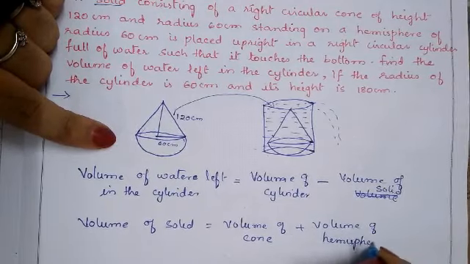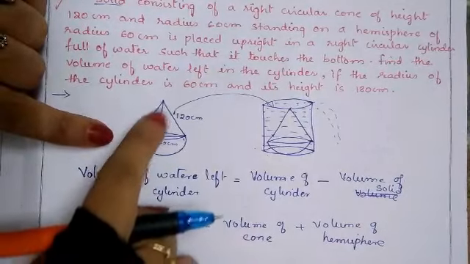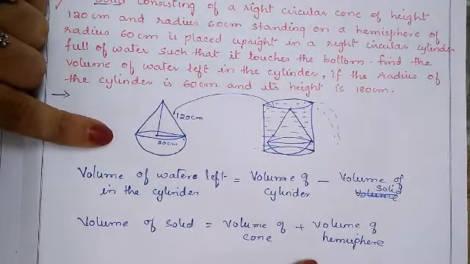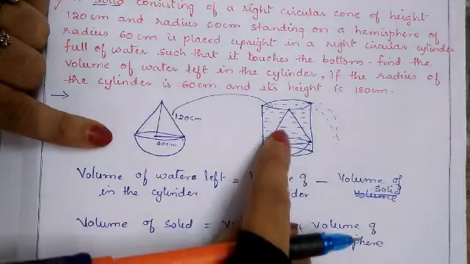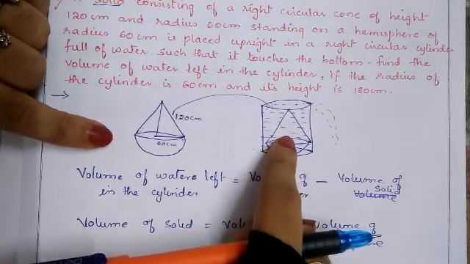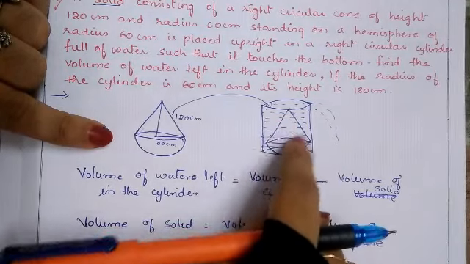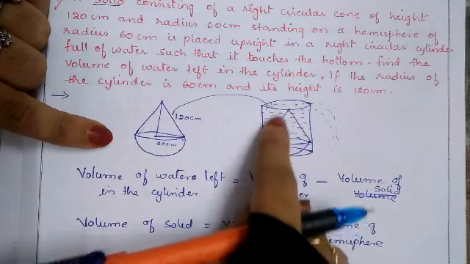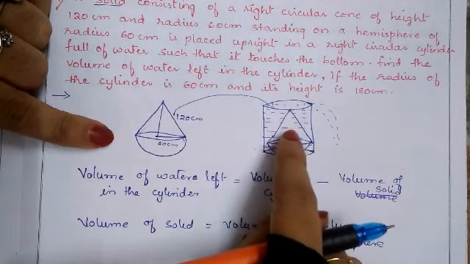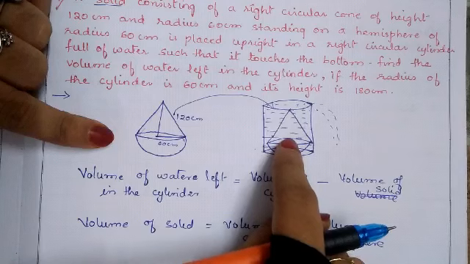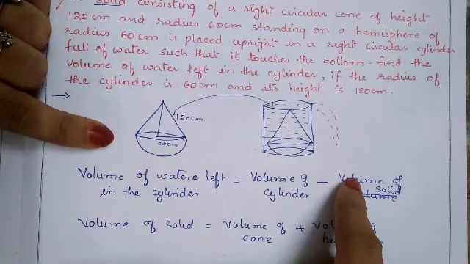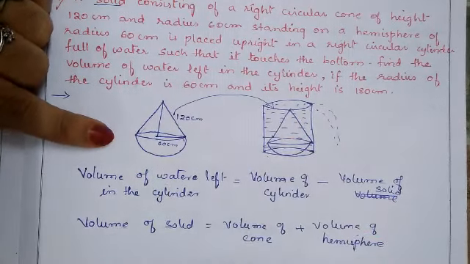Yes, the solid is made up of cone and hemisphere, so plus. But here we have to remove the solid, because as we put the solid the water flows out, so volume of water that flows out is equal to volume of solid. So minus solid, remaining water we will get.